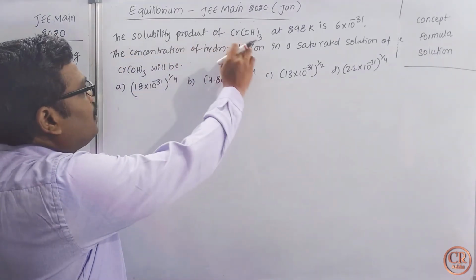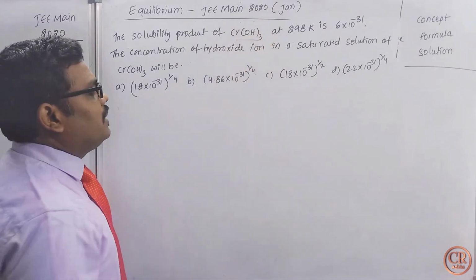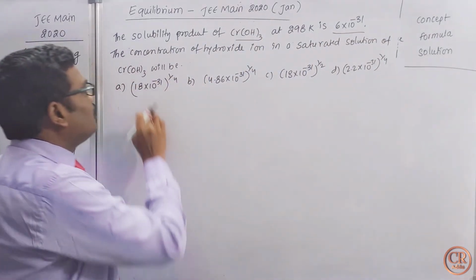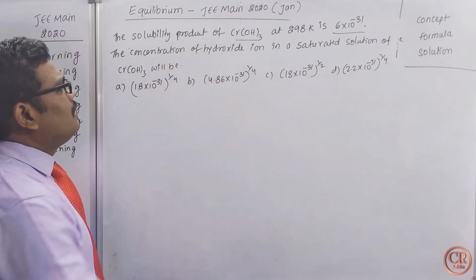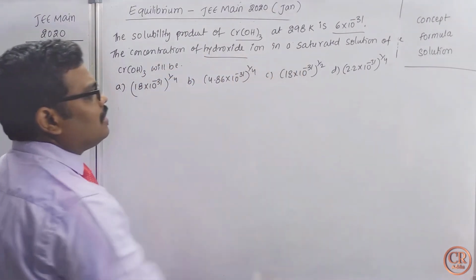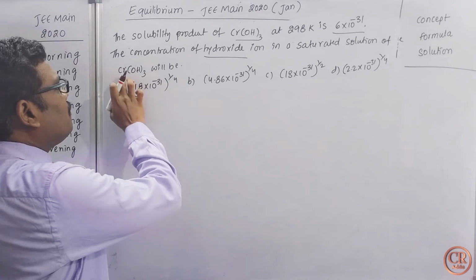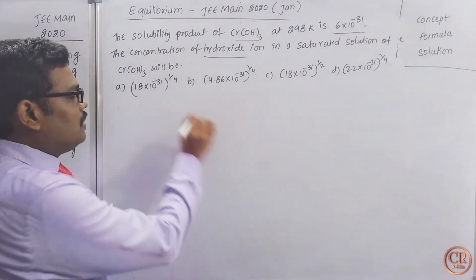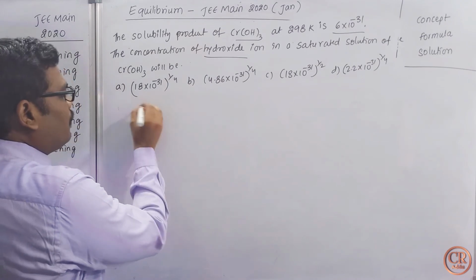The solubility product of chromium hydroxide at 298 Kelvin is 6 into 10 power minus 31. The concentration of hydroxide ion in a saturated solution of chromium hydroxide will be? This question is related to solubility product.